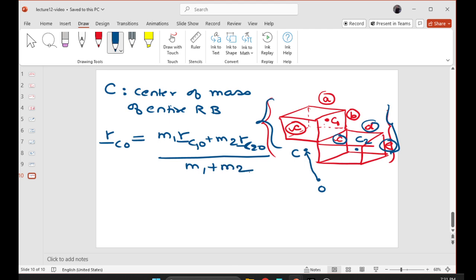This is how you compute the location of C, where RC10 will be this vector. This is RC10 and then this is the vector RC20.